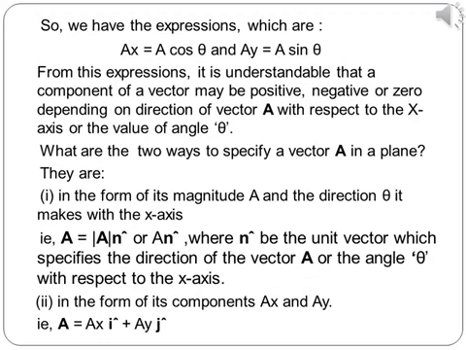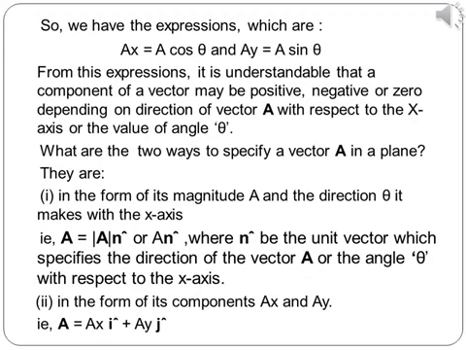That is, vector A is equal to the modulus of vector A times the unit vector n cap, or A n cap, where n cap is the unit vector which specifies the direction of the vector A, or the angle theta with respect to the x-axis. N cap may be i cap or j cap or k cap.